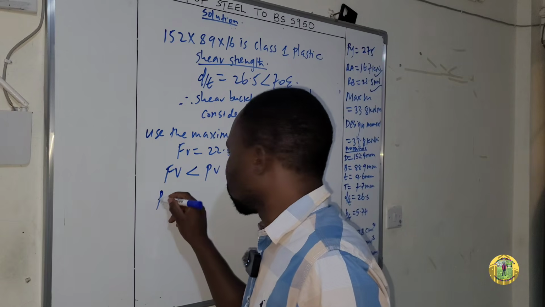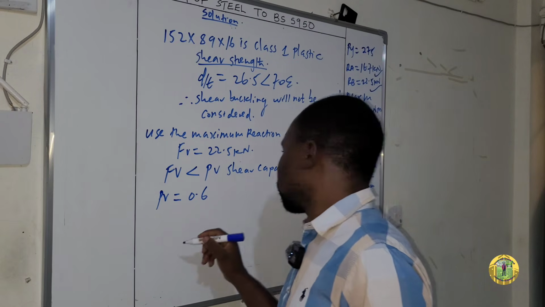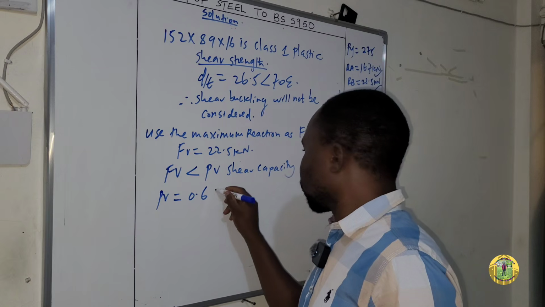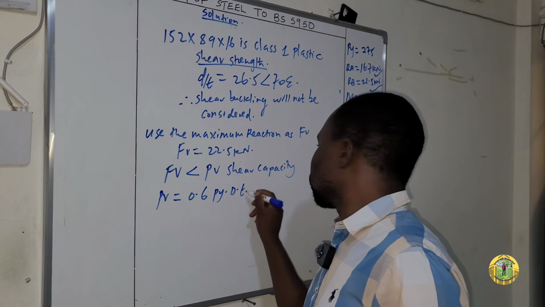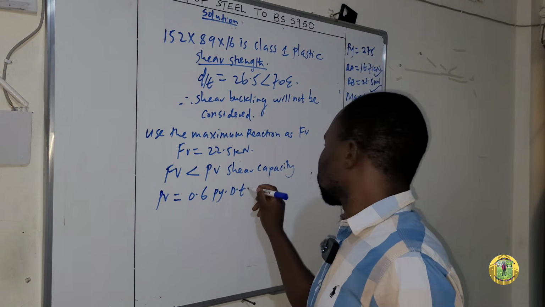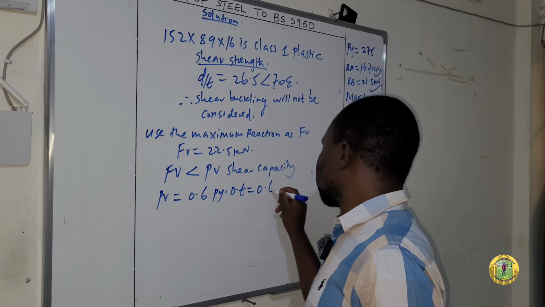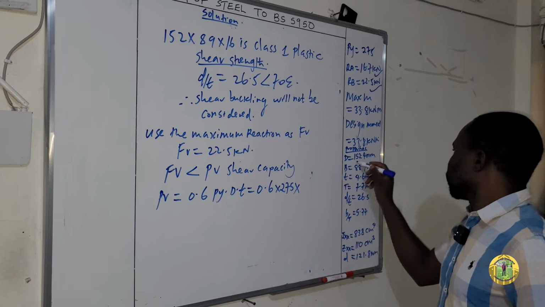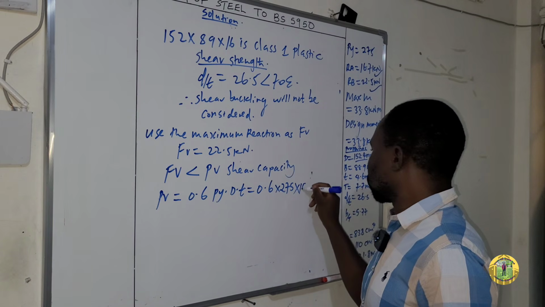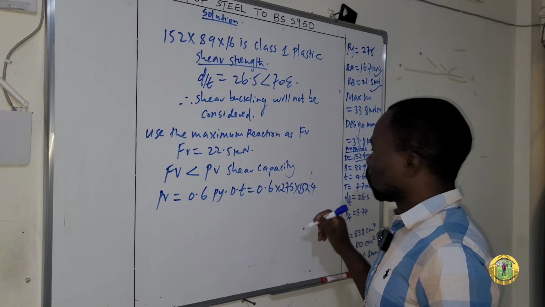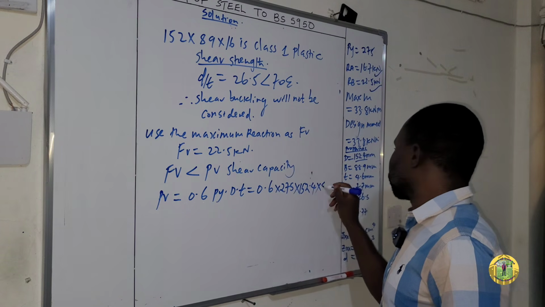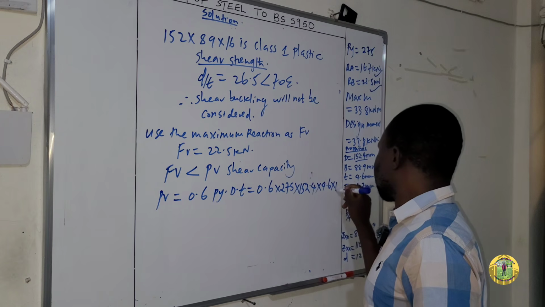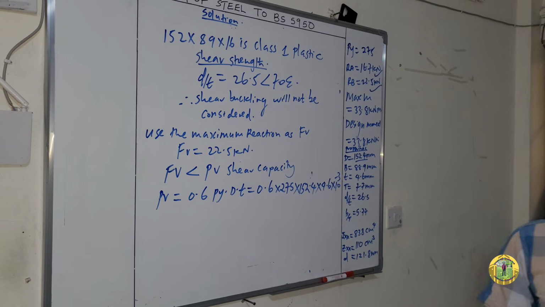And PV is equal to 0.6 py d t, like that. So this is equal to 0.6 times 275 times d. D is 152.4, times small t is 4.6, times 10 raised to power negative 3, to get our answer in kilonewton.